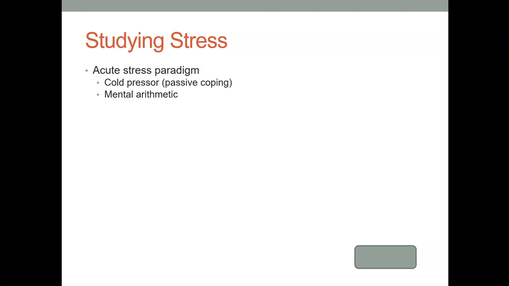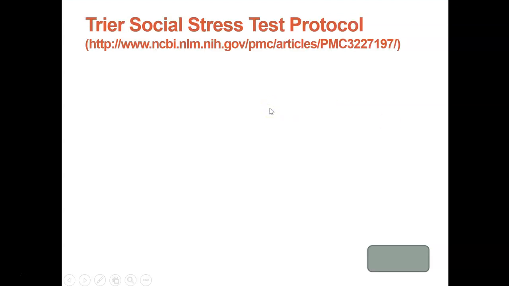And so there's an inherently social part of it. But researchers have also examined other kinds of social stressors by using social tasks. And one of those paradigms is the Trier social stress test protocol. So this is a series of tasks, and we'll take a look at what is involved in that.